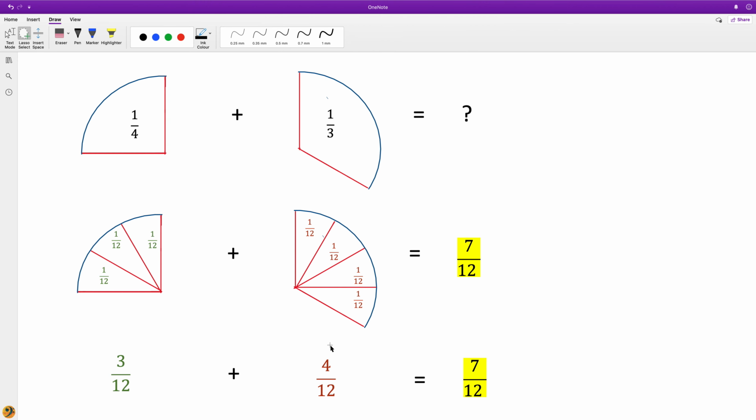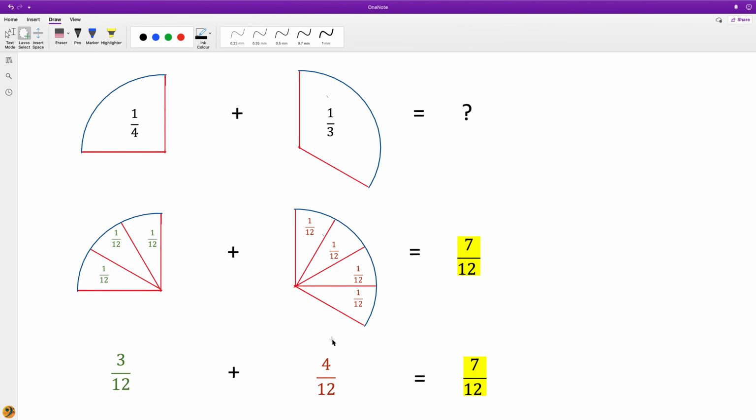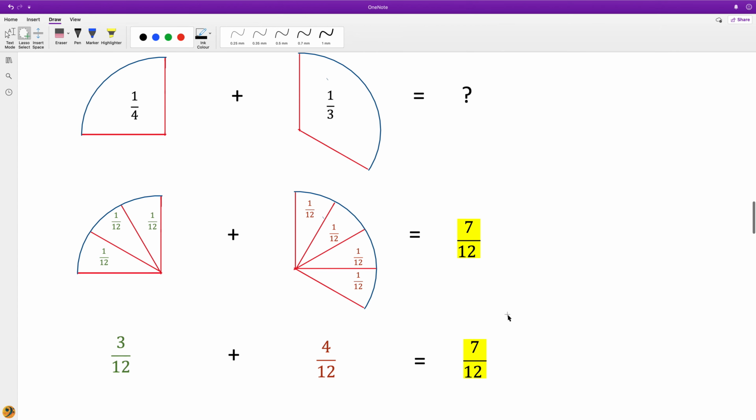And our 1/3, as we mathematically calculated just above, we got 4 twelfths, and that's graphically shown here. So the 1/3 gets split up into 4 twelfths, and then of course you can just add them together like we did. You have 3 twelfths and 4 twelfths gives you 7 twelfths, or 7/12. So far so good.